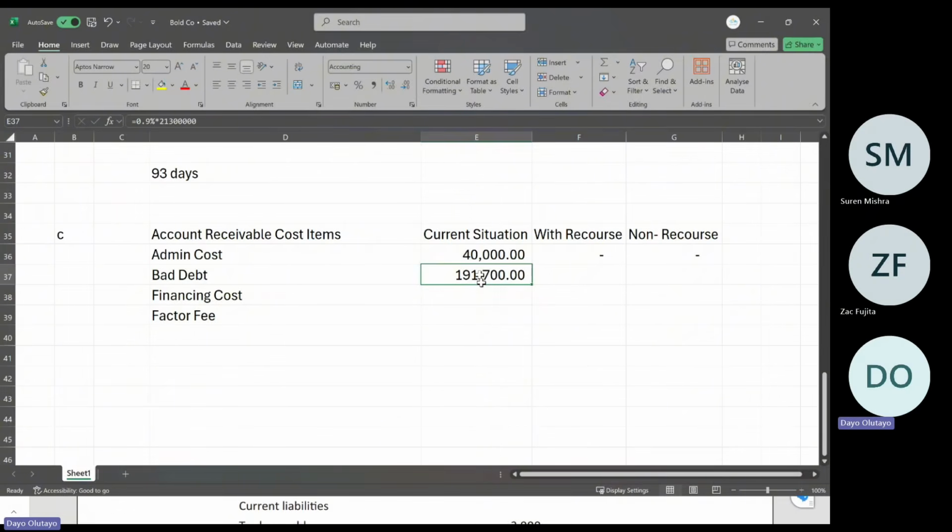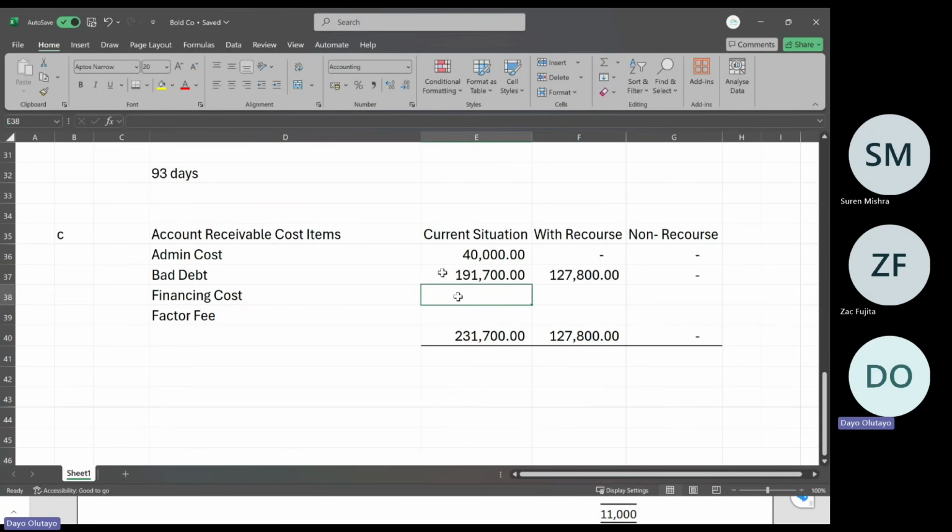So that is the current bad debt. And that will reduce to 0.6% if we get this guy to work for us. And under the non-recourse, it will be what? Anytime you get a factor on a non-recourse, your bad debt is 0.